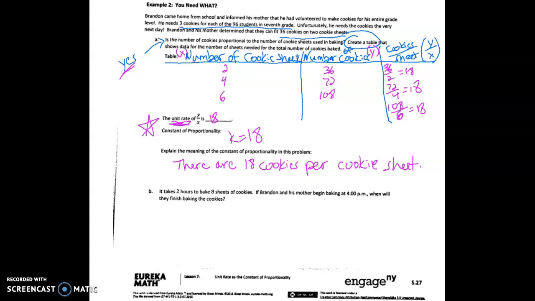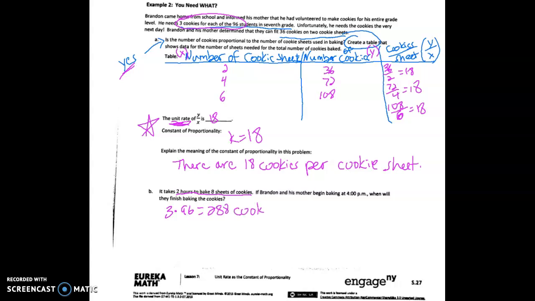Okay, so let's finish this problem up. It says it takes 2 hours to bake 8 sheets of cookies. Well, 8 sheets of cookies, if they begin at 4, when will they finish baking? Well, let's start out with how many cookies does he need. If you come back up here, he needs 3 cookies for 96 students. 3 cookies per student. So if I go 3 times 96, I get 288 cookies.